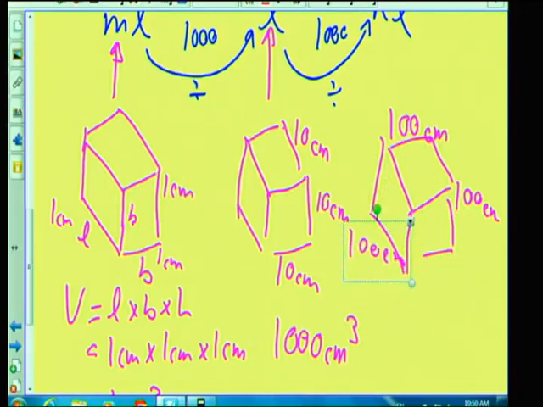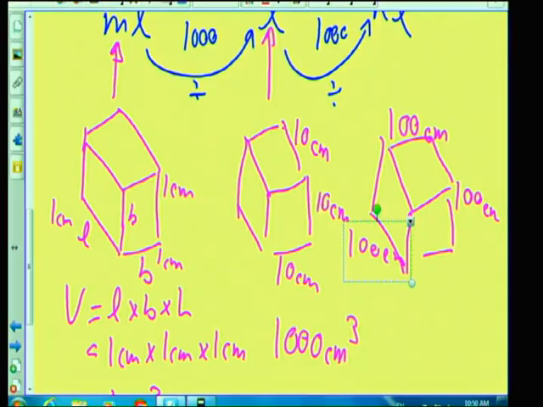We've got length times breadth, and we've got 100 times 100 times 100. Now that is going to give me something that is going to be very big. It's going to be 1 million centimeters cubed.